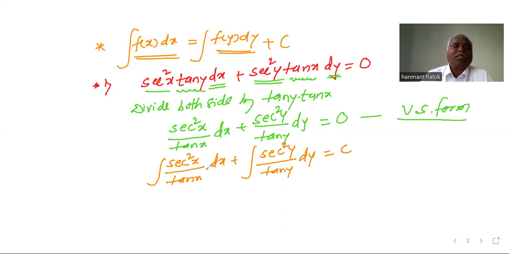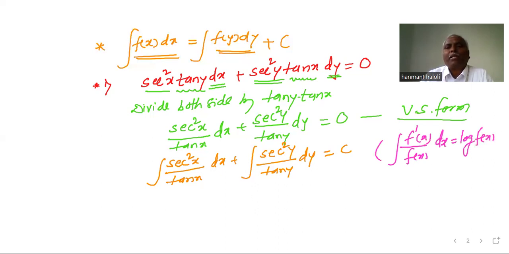Now to solve this integrand, we have the formula. Integral of f dash of x upon f of x dx is equal to log of f of x plus c. This is the formula, meaning the derivative of the denominator is there in the numerator. Such terms you can integrate directly.